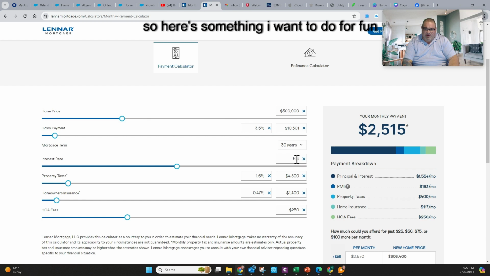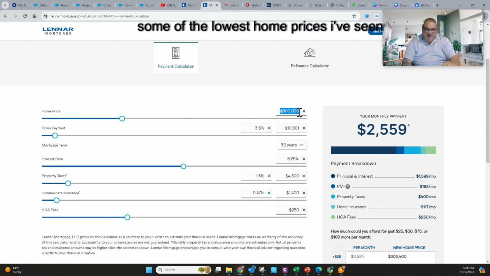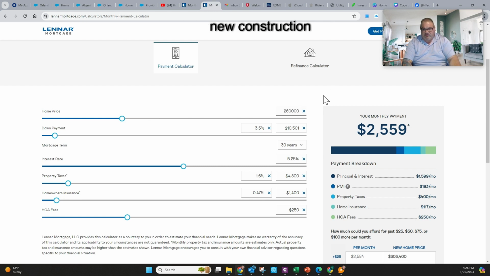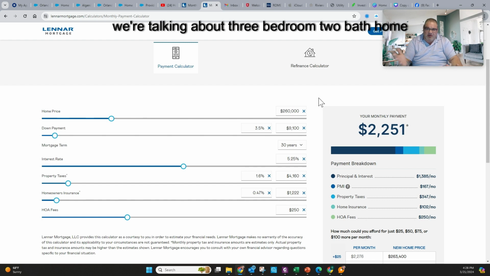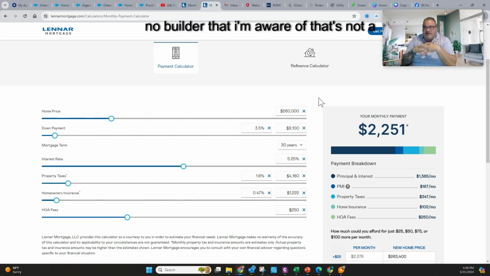So here's something I want to do for fun. Go back to 5.25, and some of the lowest home prices I've seen are about $260,000 in new construction. We're talking about a 3-bedroom, 2-bath home. No builder that I'm aware of that's not a condo or a villa is building any 2-bedrooms.